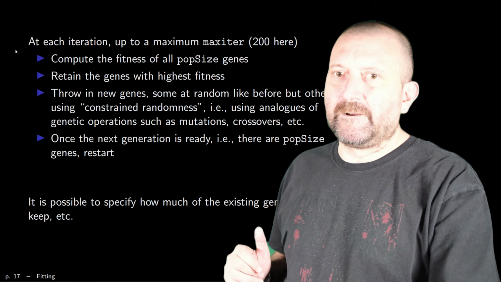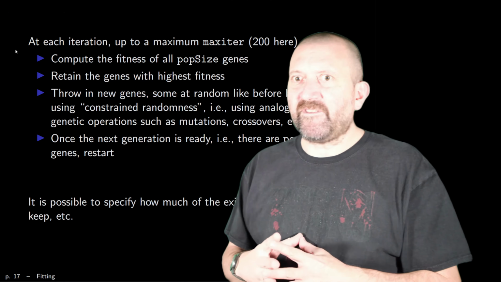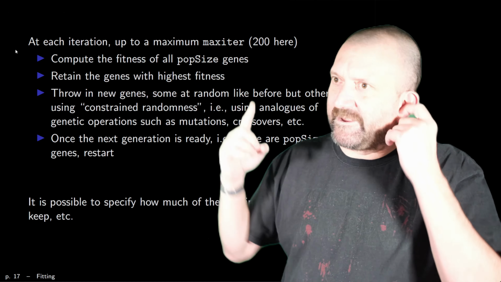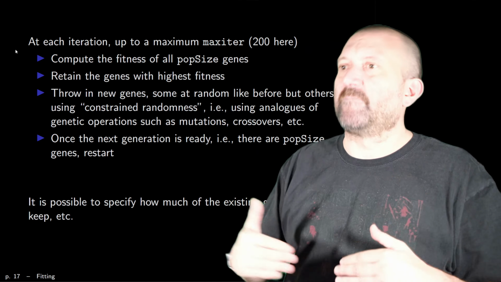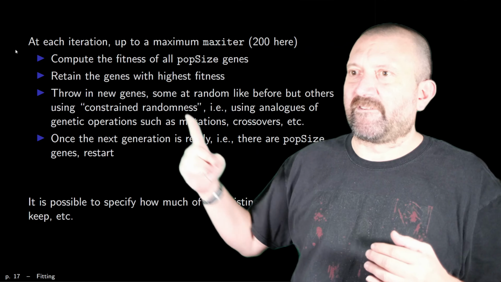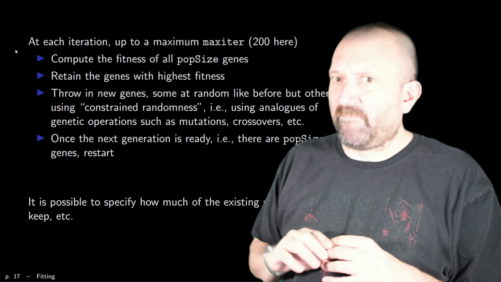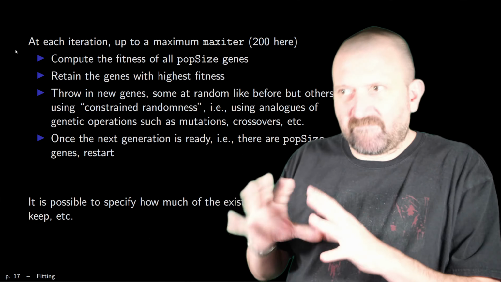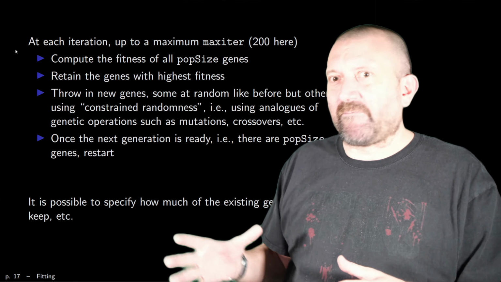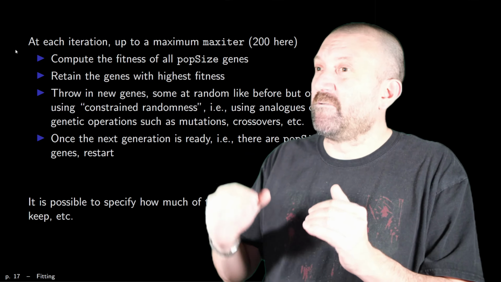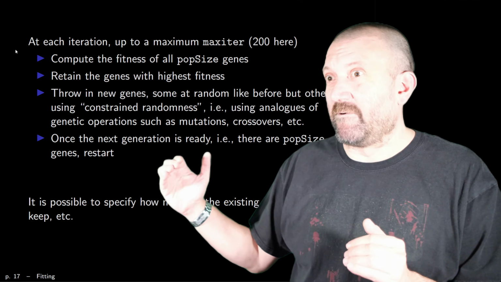Max iter is one that I have set to 200 here. It allows a maximum of 200 iterations. What happens is it computes the fitness of all 500 genes that we've created, and it keeps the genes with the highest fitness, so the largest value of minus our error function.